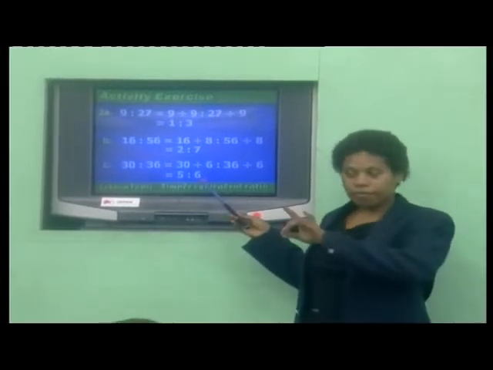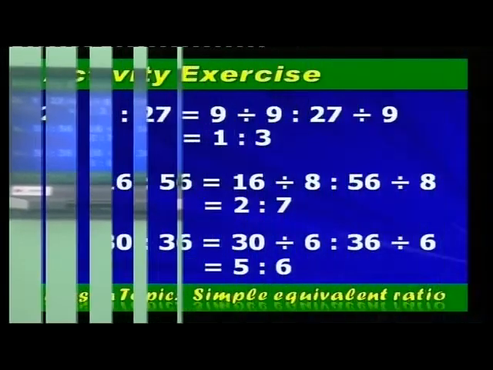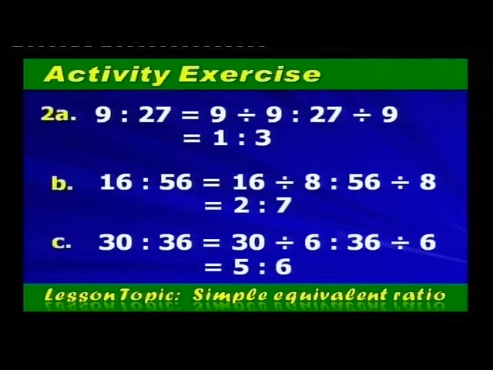Okay, so thank you. So I'd like you please go back and cross-check with your answers, receiving students. Class, when you are simplifying, this is how you should go about simplifying. You divide. Bring down to the lowest ratio.